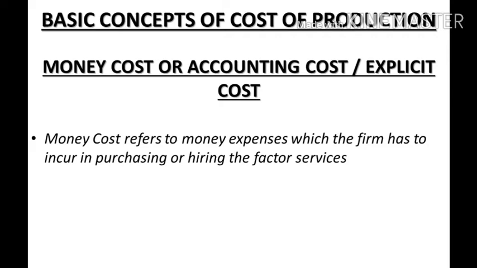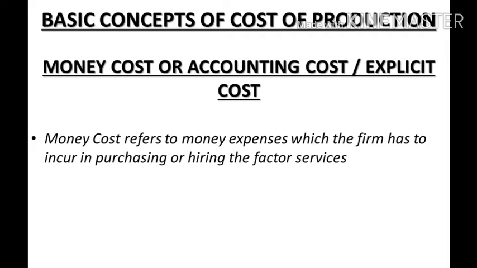The second is accounting cost, the same concept with a different name. Being a commerce student, you all know that you maintain an account book, right? A firm always enters all its expenses in the accounting book.